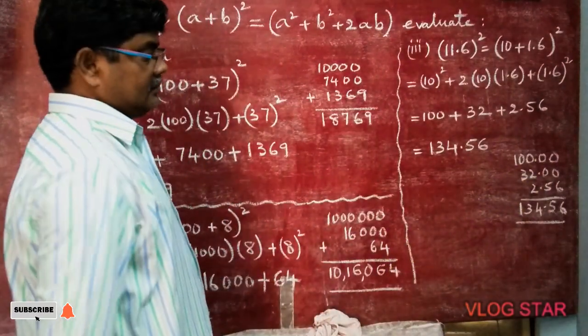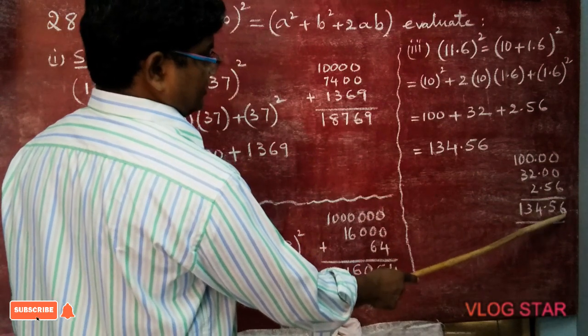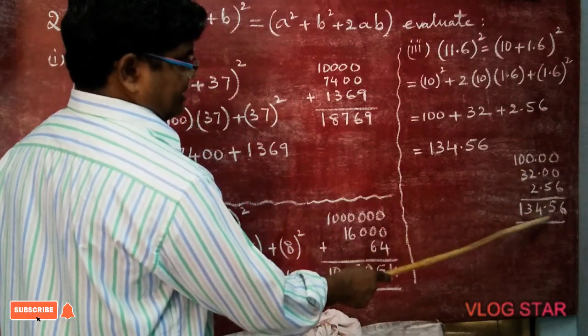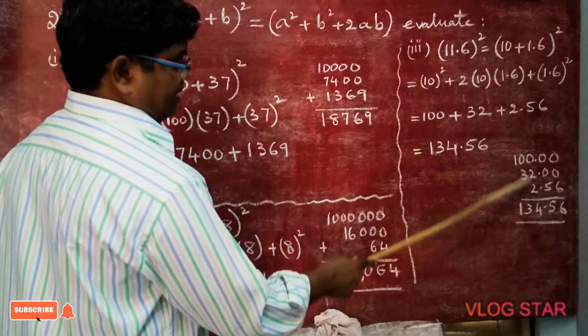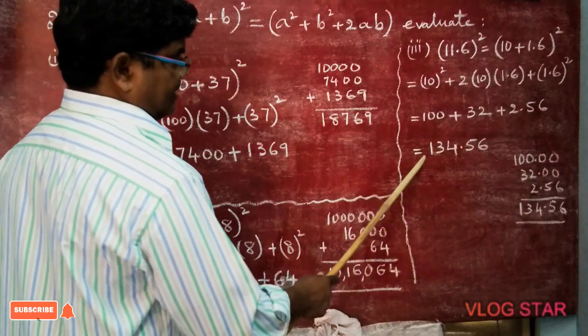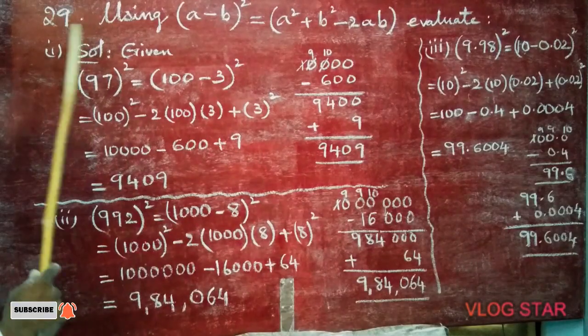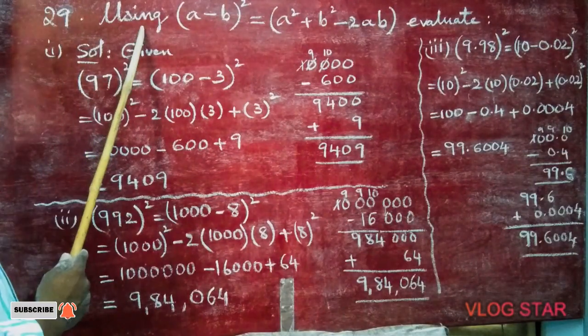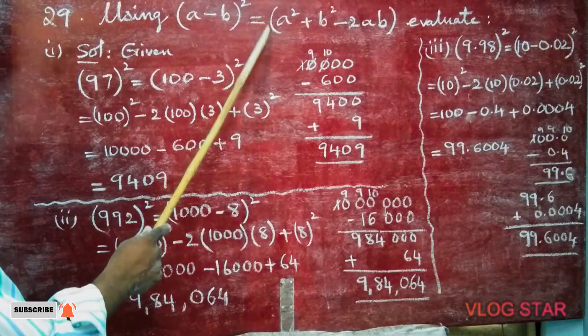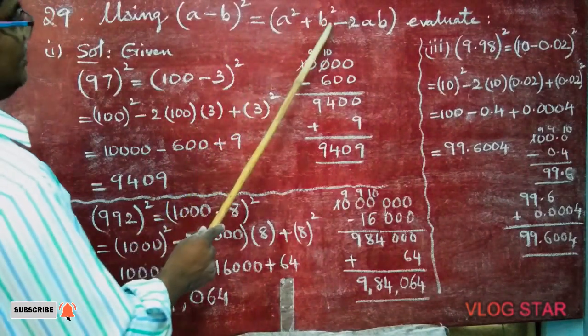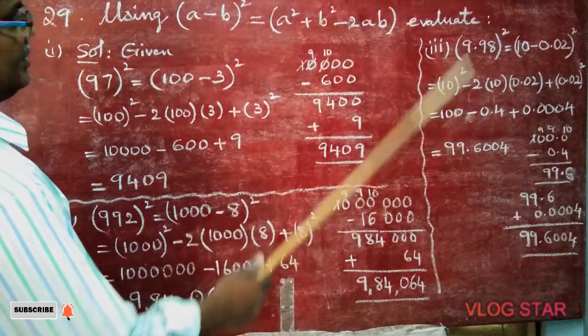Decimal under decimal. Now add: 6, 5, here the decimal, 2 plus 2 is 4, here 3 and 1. What is the final answer? 134.56.